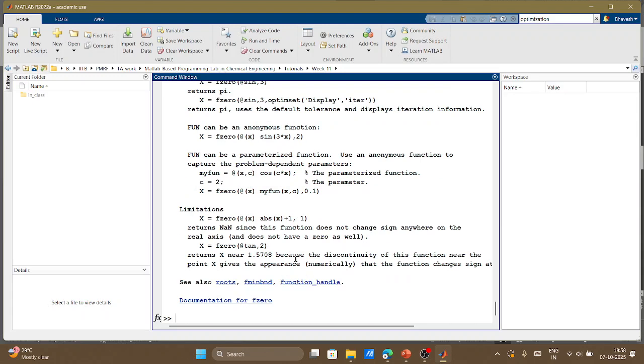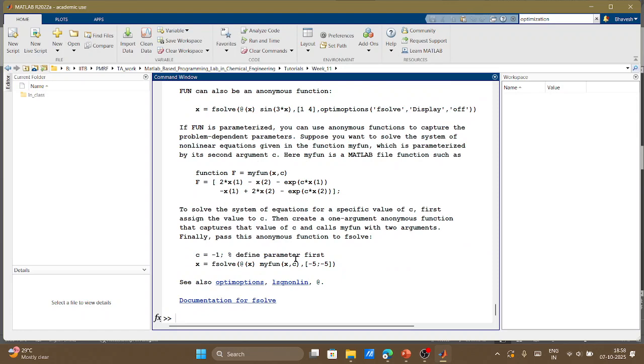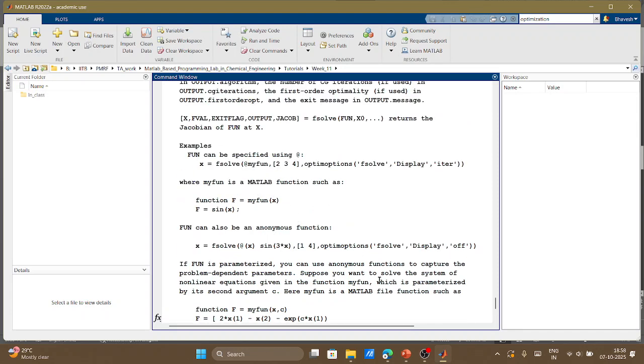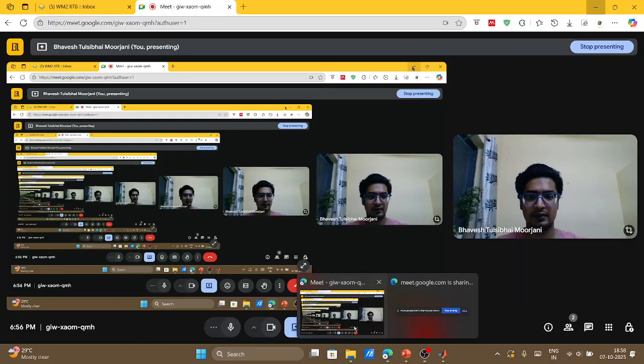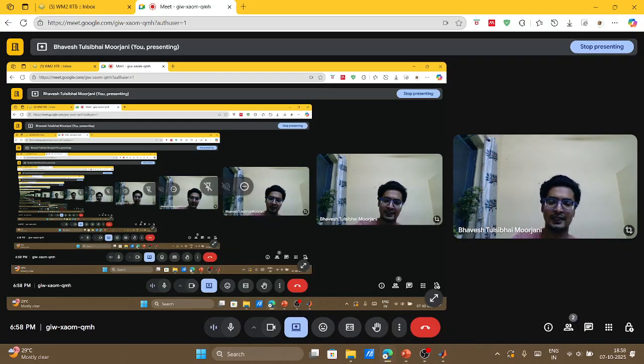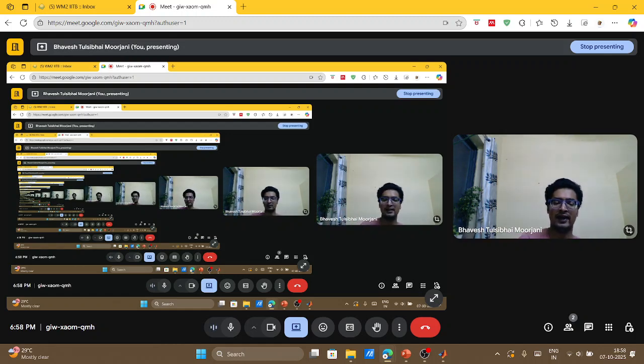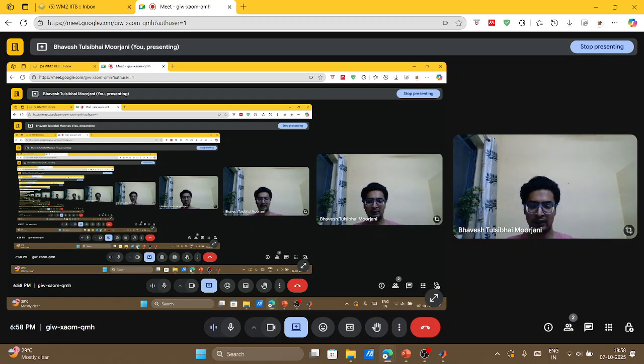Okay, similarly you have fsolve command, which is the multivariable part, which equates your function to 0. So what difference do you have when you use an optimization function and fzero or fsolve, right? So fzero and fsolve try to equate your function to the 0 value and find the corresponding x value which will satisfy your condition, right?